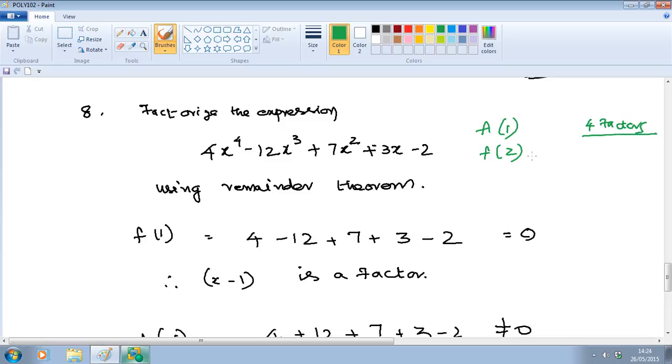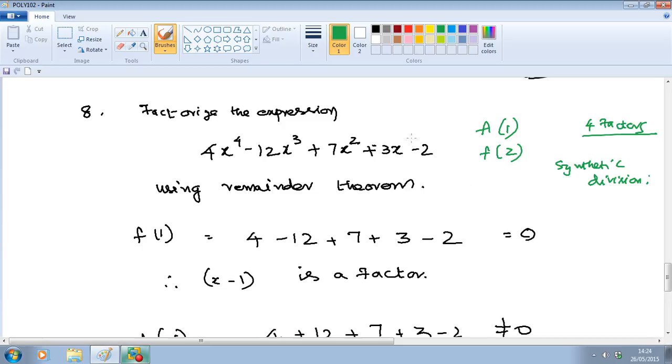If we are able to find the first two factors, we divide this expression and find the remaining using synthetic division.